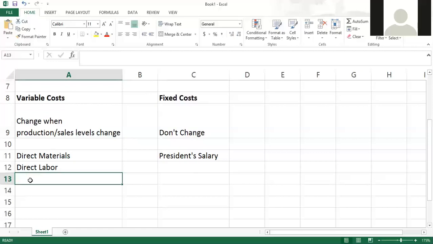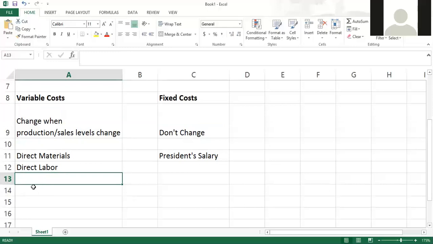In some places, you can make the argument that the union contract calls for 40 hours of work, whether those 40 hours are used or not, if there's downtime because of machines breaking or whatever, that the employees are still going to be paid for the full day shift. To avoid the complication, the textbook is going to make the assumption that it is strictly almost like what we consider day laborers, those that are hired on a per diem basis and paid just for the hours that they're worked. So if production isn't happening today, there wouldn't be labor cost. So when production goes up, the costs go up.